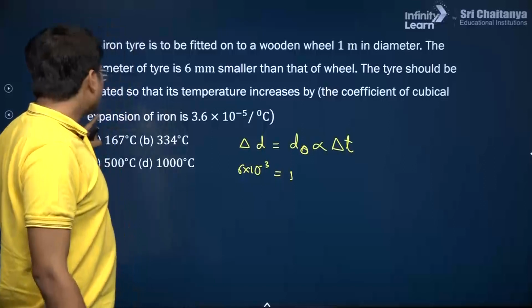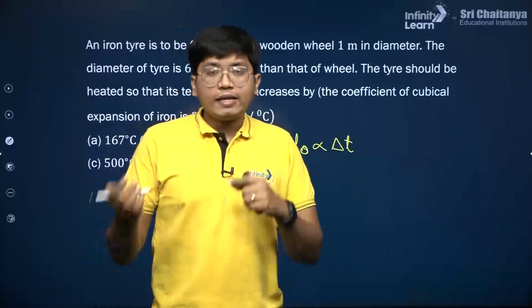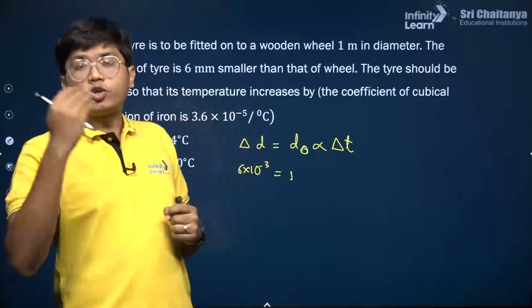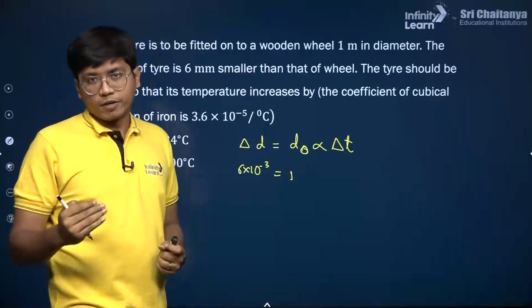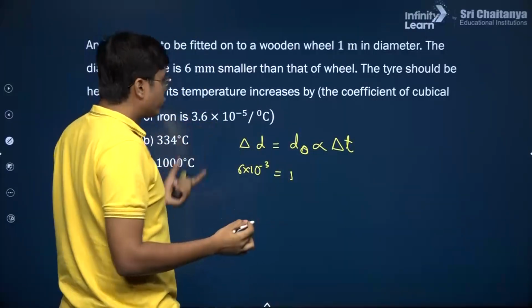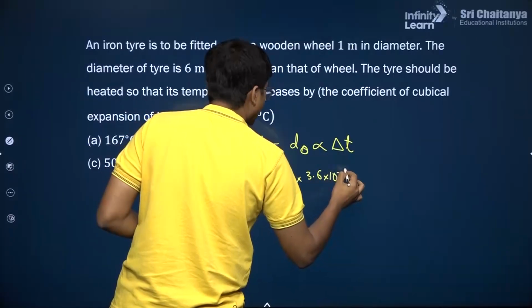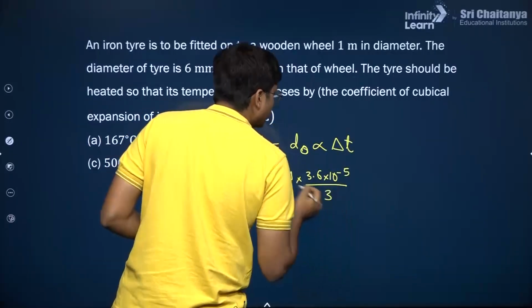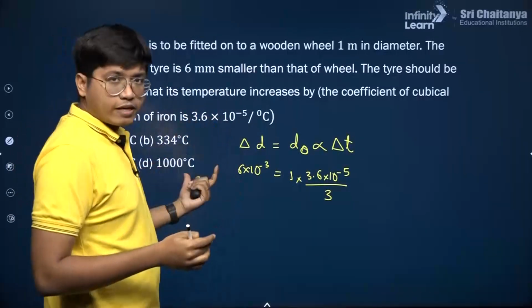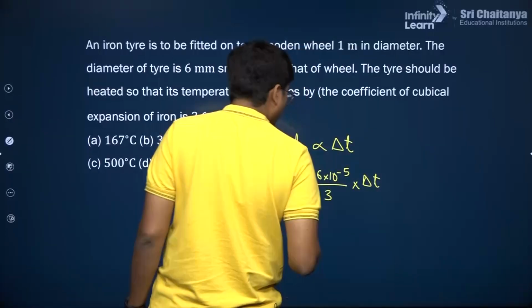Now linear expansion is not given, but cubical expansion coefficient is given. So the linear expansion is just the cubical coefficient divided by 3. So alpha is just gamma by 3, which is 3.6 into 10 to the power minus 5 divided by 3, because alpha is this divided by 3. And you have delta T, and that is the quantity we need to find.